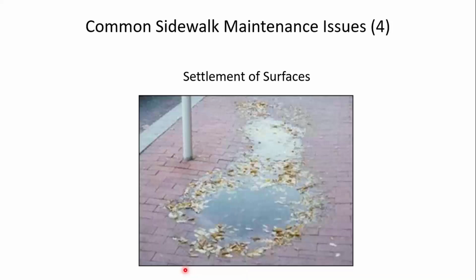For someone in a wheelchair, the water is going to be thrown up by the wheels and get on their clothing. Same thing maybe with an able-bodied pedestrian walking through there. And in wintertime, in cold climates, that may freeze when temperatures drop below freezing, and then we have an icy situation, which may create a safety issue.